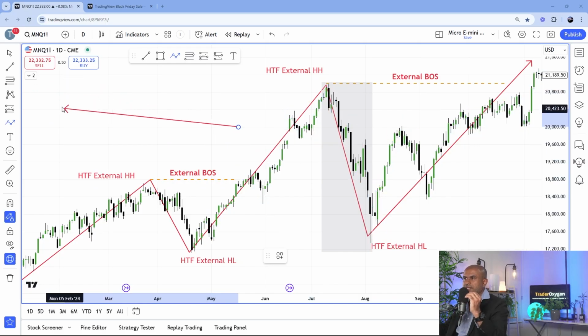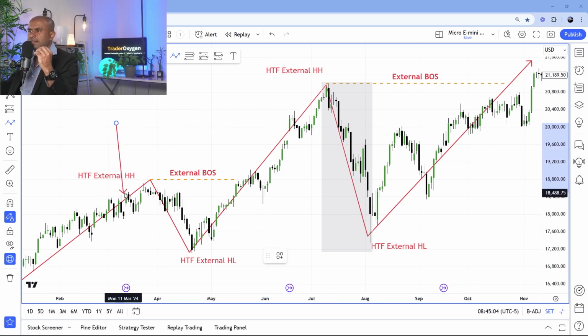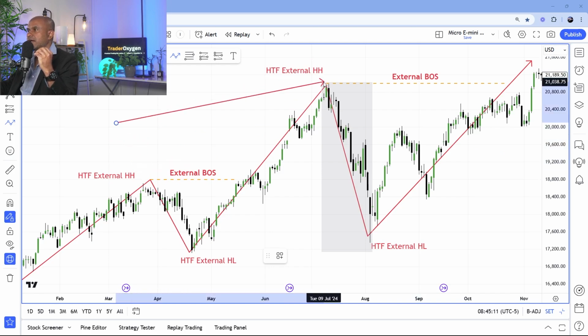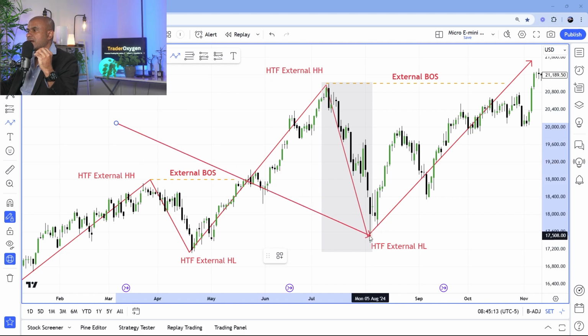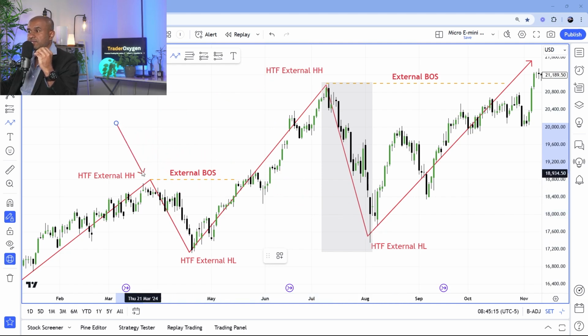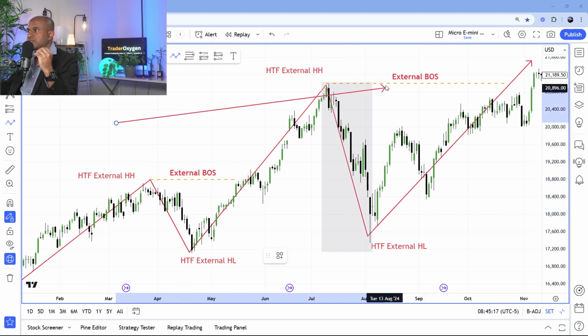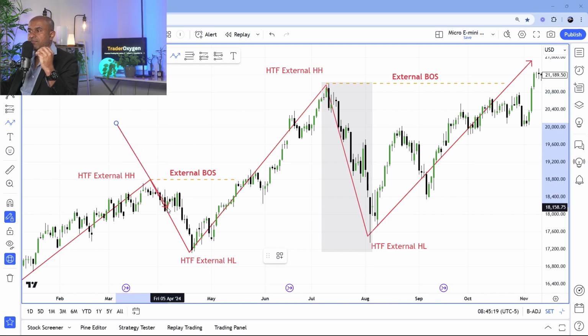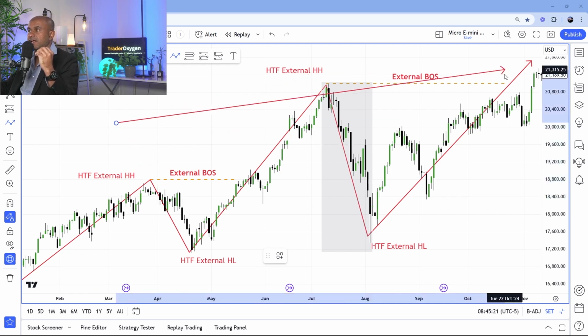Okay, so as you can see, now I'm in the micro mini NASDAQ index futures daily chart. The daily chart is in an uptrend, making external higher highs and higher lows, and making external break of structures, showing that the higher time frame, which is the daily, is in an uptrend.